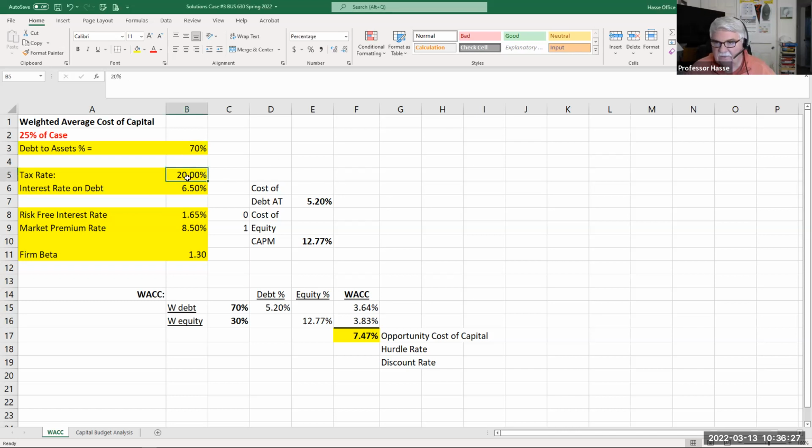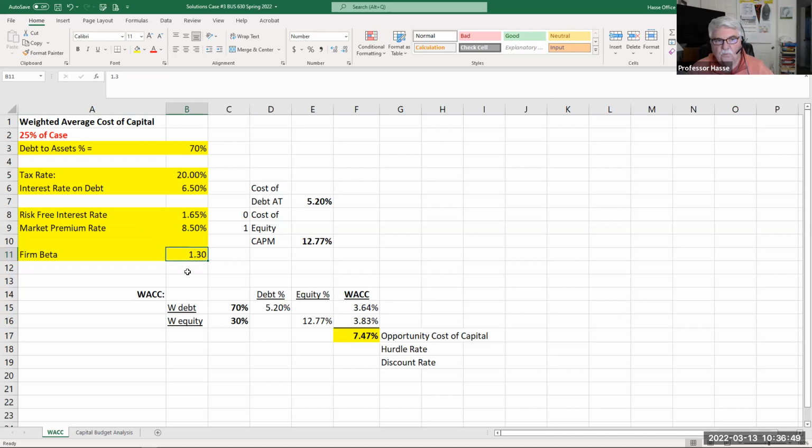It's told that our tax rate for this project is 20%, that the interest rate on debt is 6.5%. The risk-free interest rate is 1.65%. The market premium rate is 8.5, and the firm's beta is 1.3.